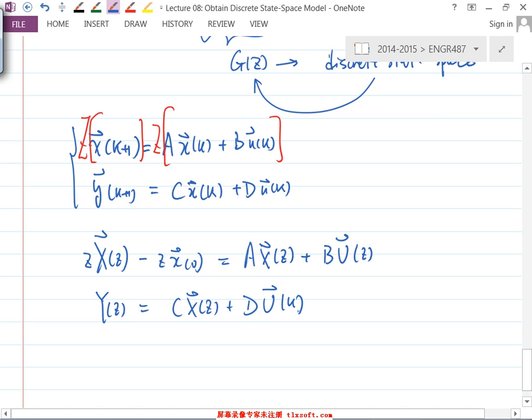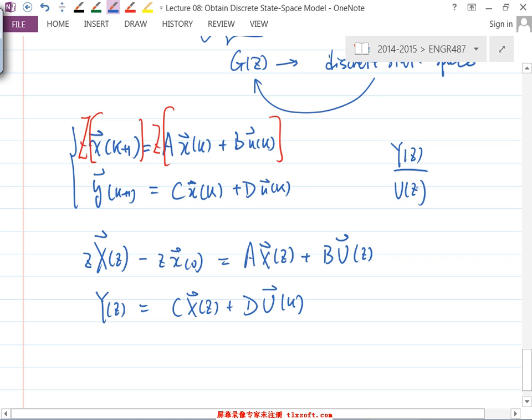We're deriving the pulse transfer function, which means we're deriving the ratio between the output and the input. The input is U of z.